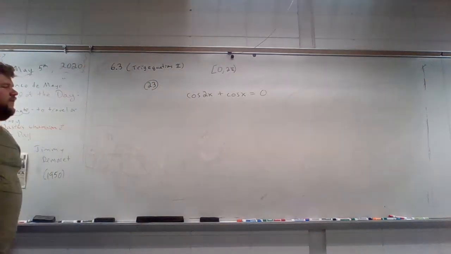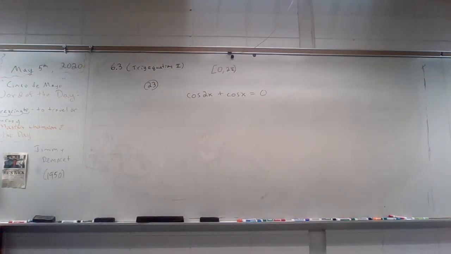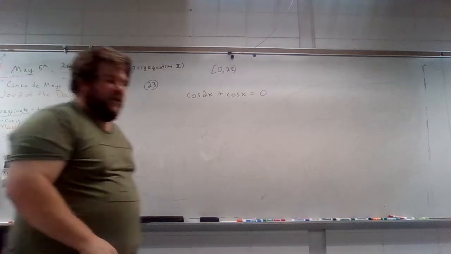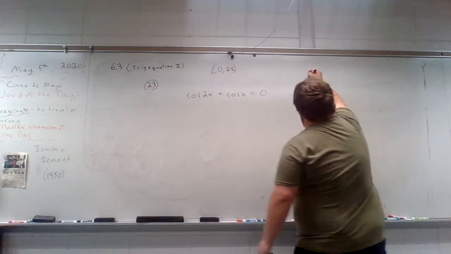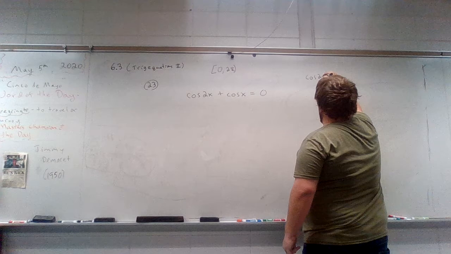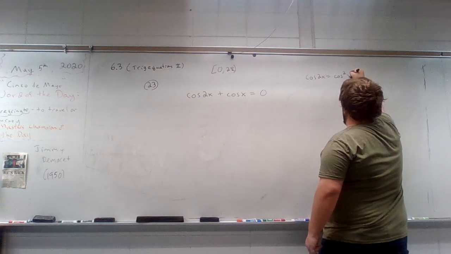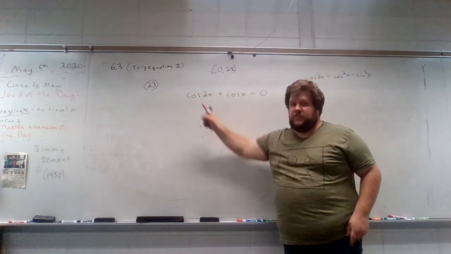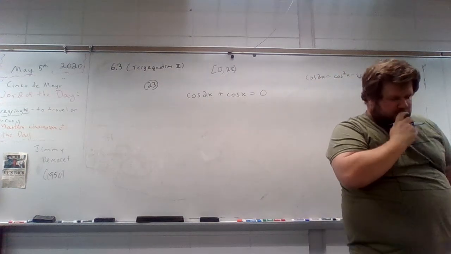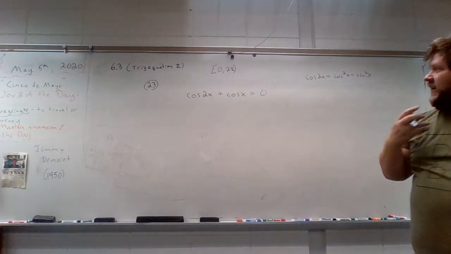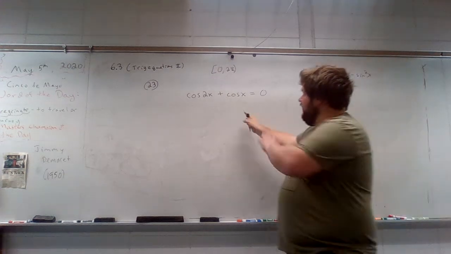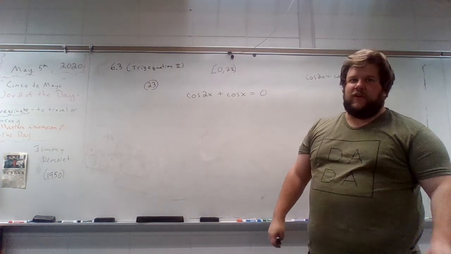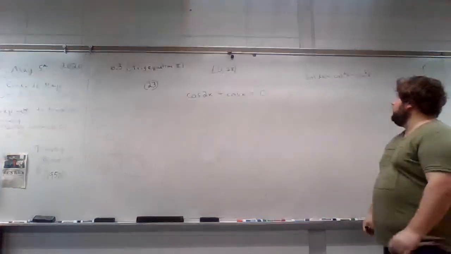Okay. Now, remember there's a few different substitutions I can make. If you remember that cosine of 2x was cosine squared x minus sine squared x. If I think about that substitution, though, is that going to help me very much? Well, it's not, because it's going to give me two different trig functions. I really want to get down to one trig function.